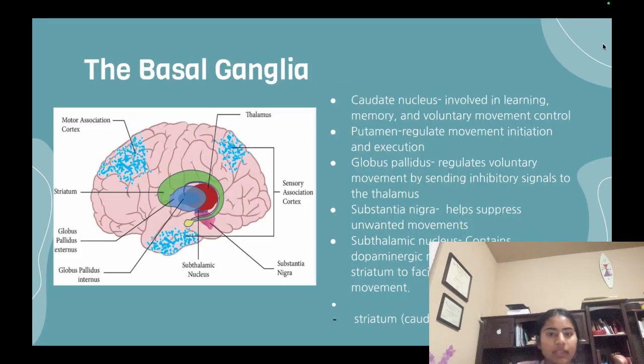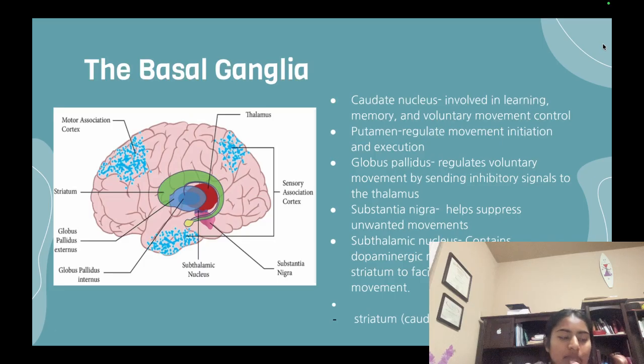Going into the basal ganglia. The basal ganglia is a group of nuclei located deep within the cerebrum that play a critical role in movement control, posture, and motor learning.